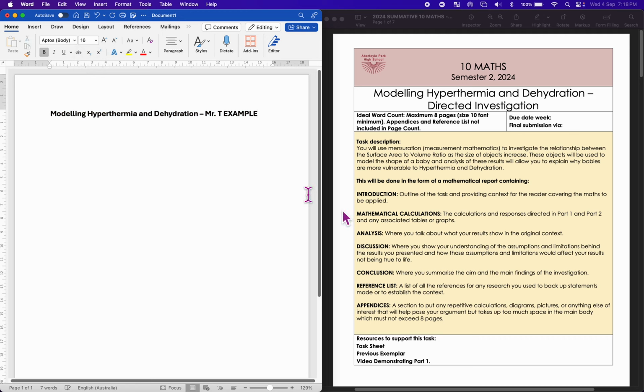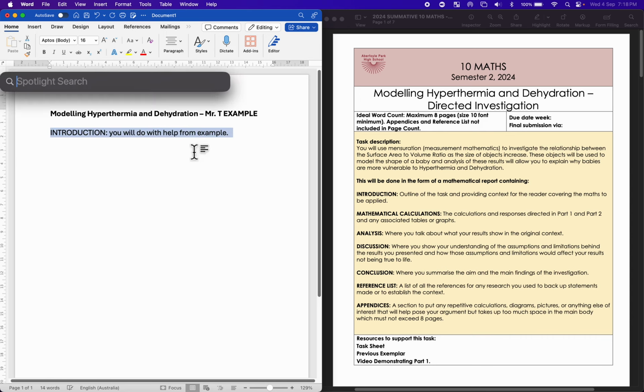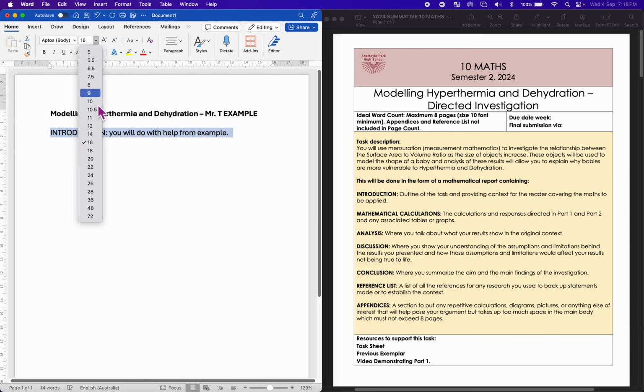Okay, so you're going to do your own introduction with help from the example. Then the mathematical calculations, and I'm demonstrating part 1.